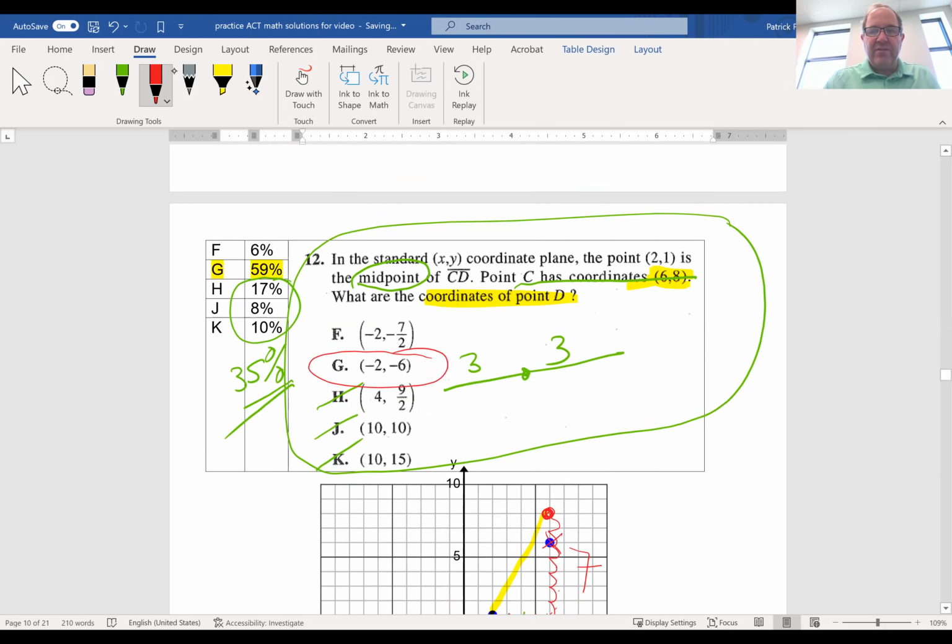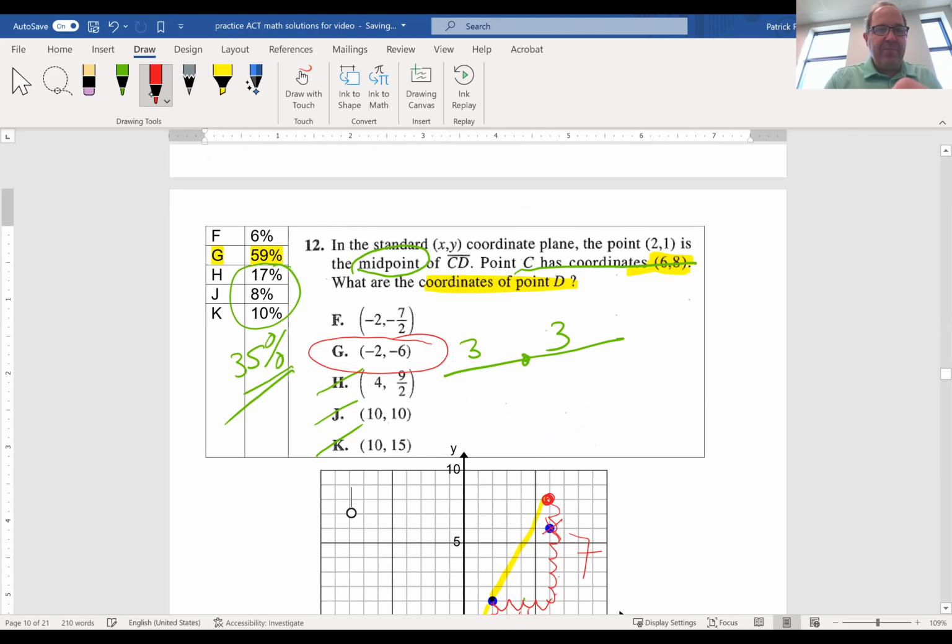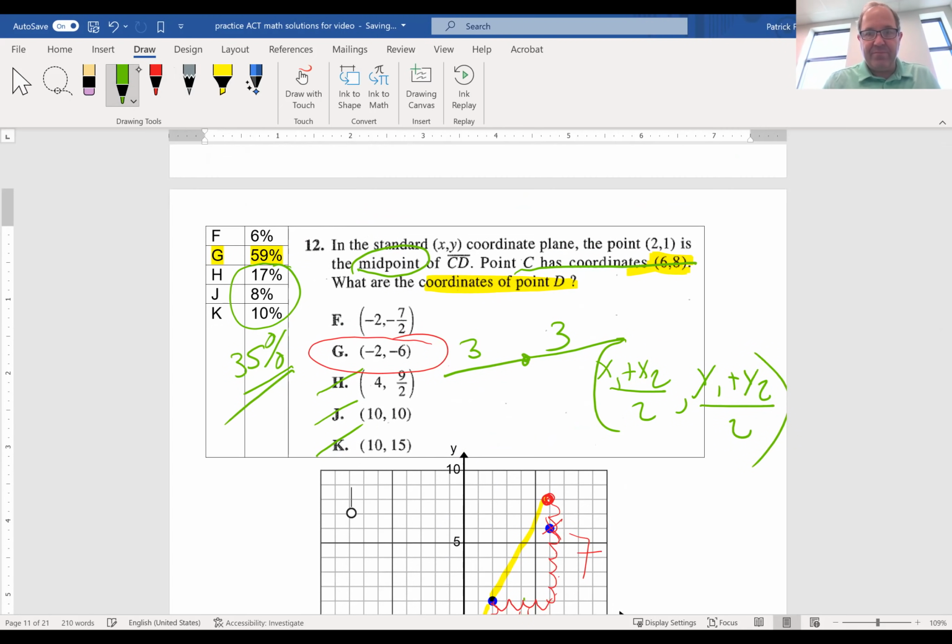Some people don't like to graph. They want to use the midpoint formula, and that's fine. The midpoint formula just says, if you add up the X's and add up the Y's, you'll get the midpoint. Well, the problem is, in our question here, we know the midpoint, right? So we know we're at 2, 1.